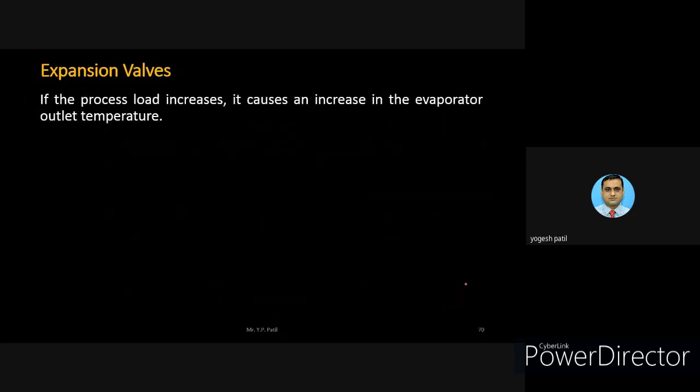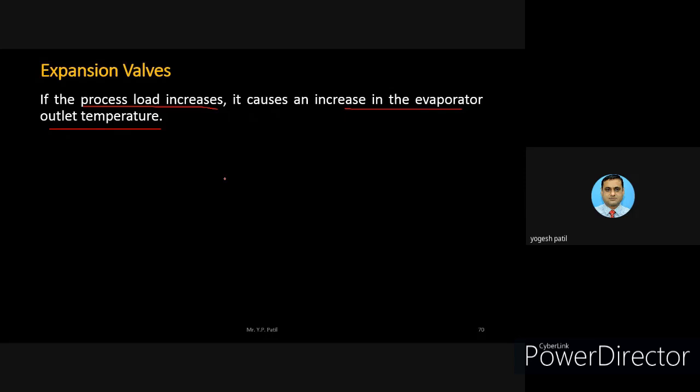For example, if the process load increases, what is process load increase? Demand increases. The load increases means the demand increases in the building, maybe an industrial building or any commercial building. It causes an increase in evaporator outlet temperature.